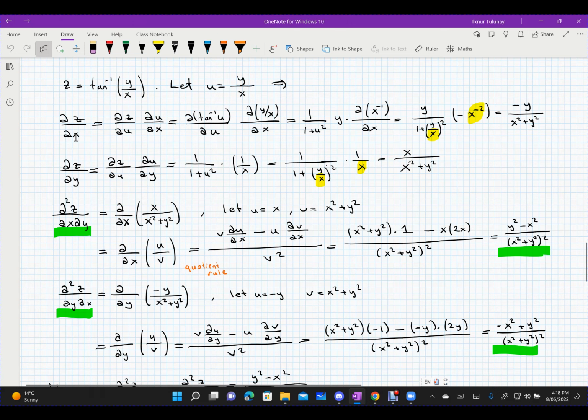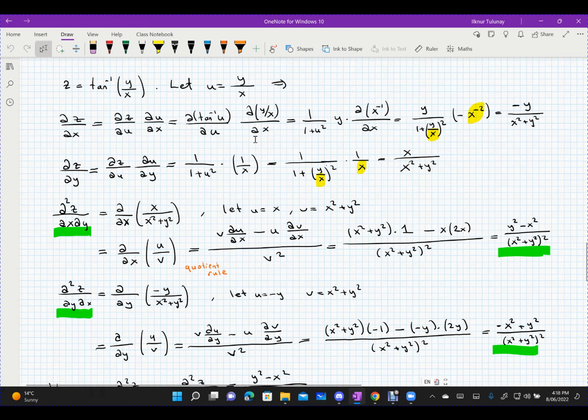So for dz over dx, it's basically the chain rule. We want to differentiate z with respect to u, and then u with respect to x. The derivative of z with respect to u is just 1 over 1 plus u squared.